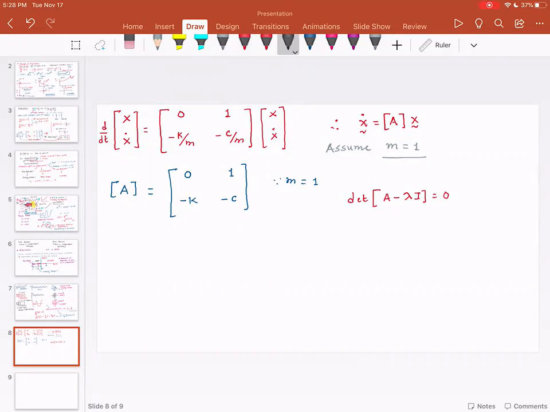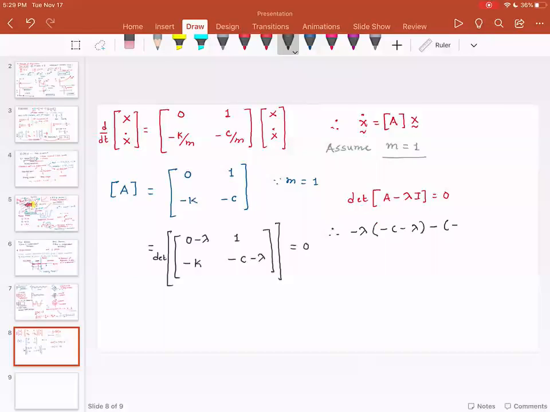So this equation is going to look like [0 minus lambda, 1; minus k, minus c minus lambda], and I need to find the determinant of this matrix and equate that to 0. Let's do that. So I have minus lambda times minus c minus lambda, minus of minus k, is equal to 0.